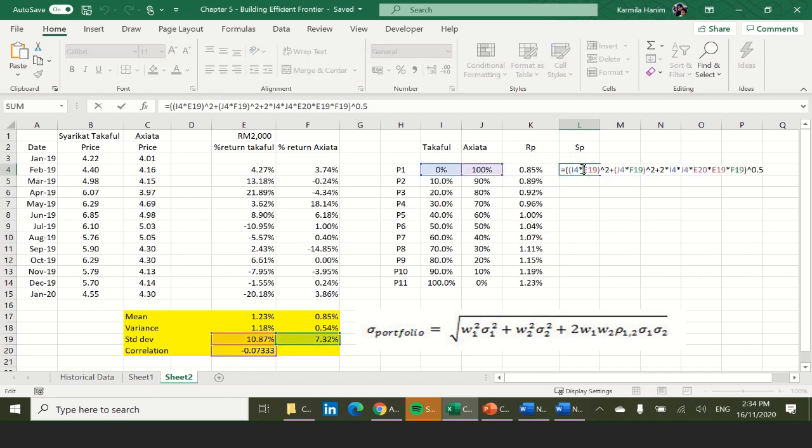So to drag down, you better make sure that you freeze the standard deviation as well as the correlation. This is the weight, okay.